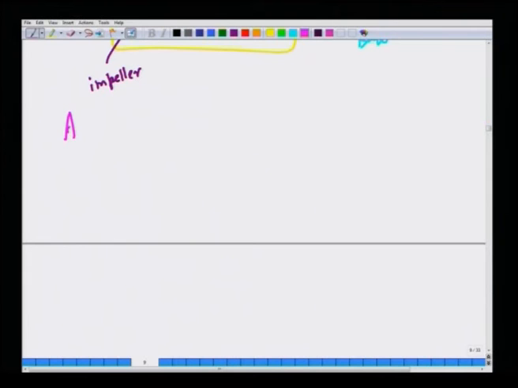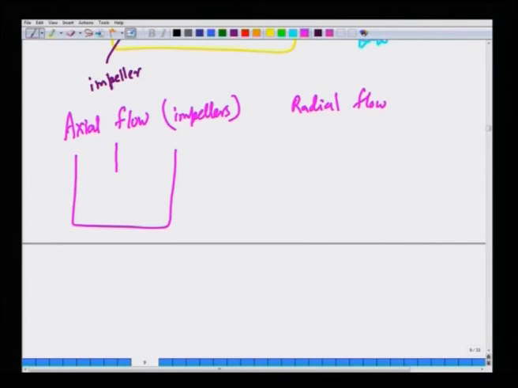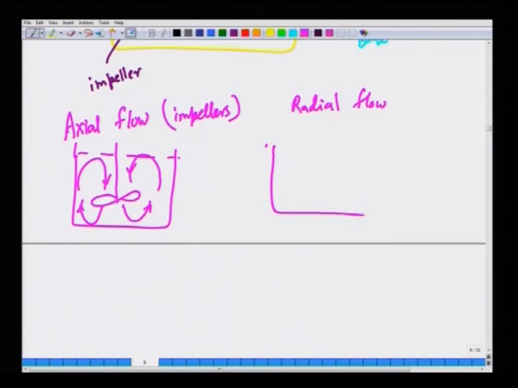Okay. So, there are two types of impellers. One is axial flow impellers, and radial flow. The major difference is that the axial flow impeller, which looks like this, is like a propeller. Okay. This is the free surface of the liquid. It tends to push the fluid like this, and by continuity the fluid has to come like this back into the impeller. In contrast, radial flow impellers will look like this.